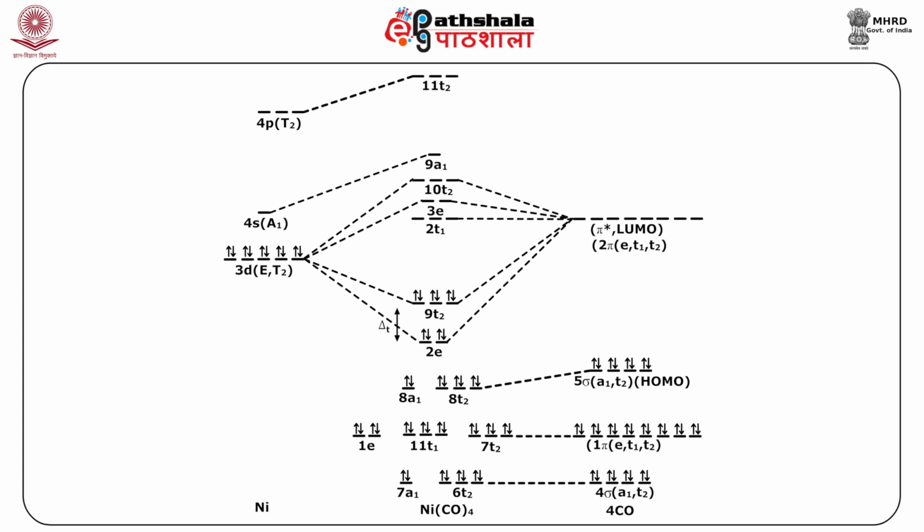In the figure, it has been shown that the orbitals and their relative energies for the nickel tetracarbonyl complex, in which the interactions of CO sigma and pi orbitals with the metal orbitals, are small. Much of the bonding is from metal to ligand pi bonding.